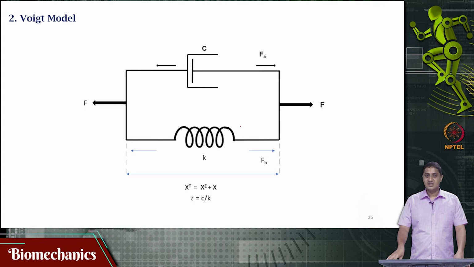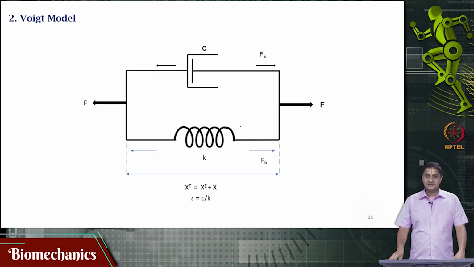So this is the Voight model, in which the dashpot is in parallel with the spring. Remember, in the Maxwell model, we had the dashpot and the spring in series with each other.